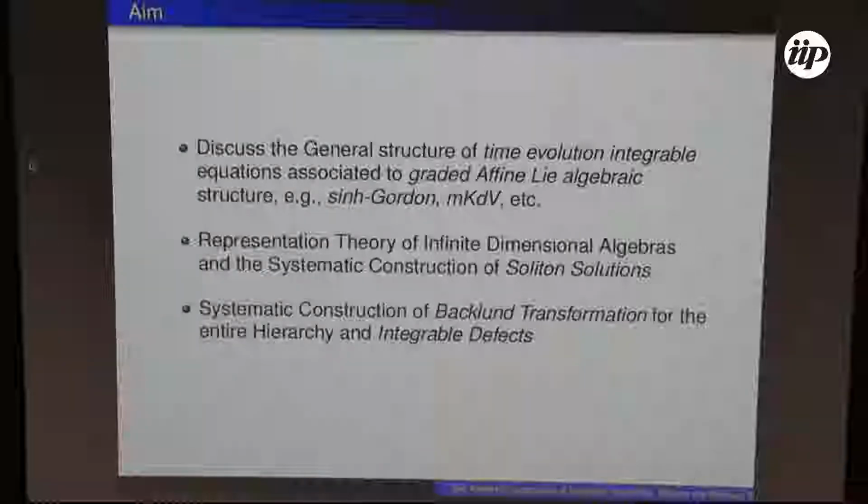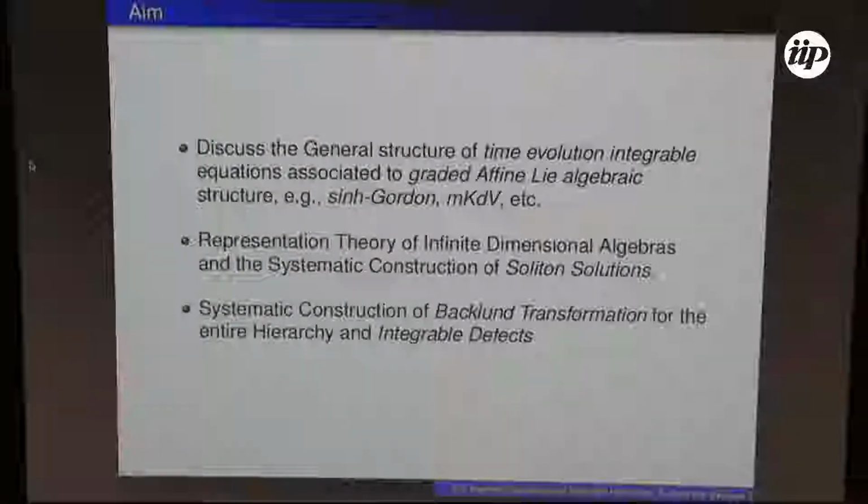So far, this is the first block. The arguments are very general, but I'll use explicit construction for the simplest non-abelian Lie algebra, SL2.